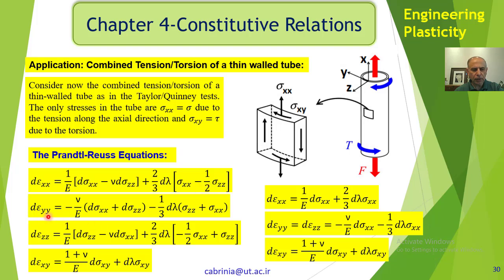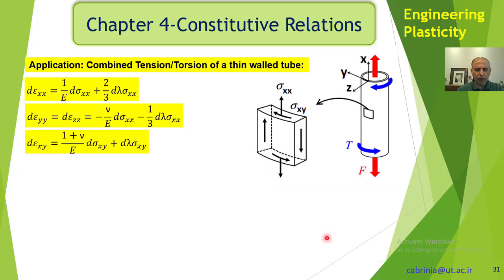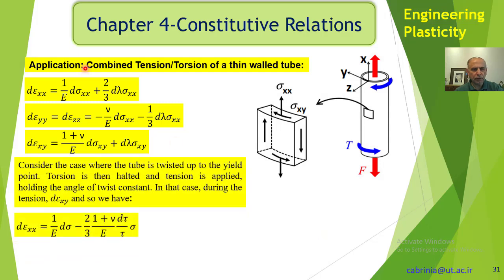And for d epsilon YY and ZZ, obviously the sigma YY is 0 and sigma ZZ is 0 here. So we just have sigma XX, and these two become equal like that. And from here we have obviously, because sigma XY exists, the same equation. So these are the final equations for the Prandtl-Reuss, and I've written them here again.